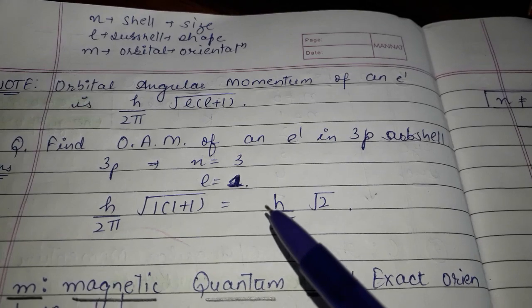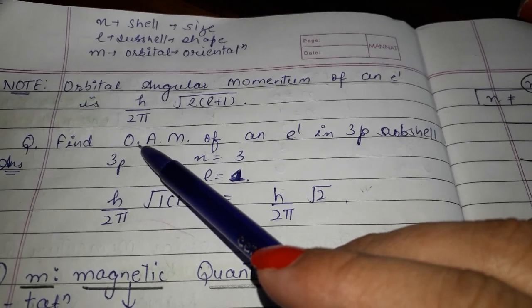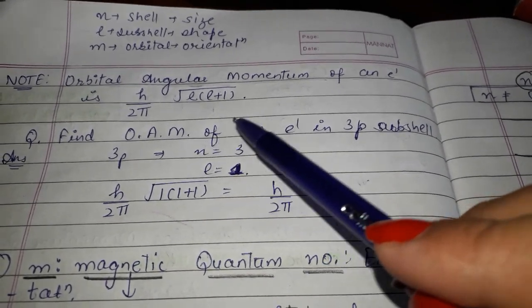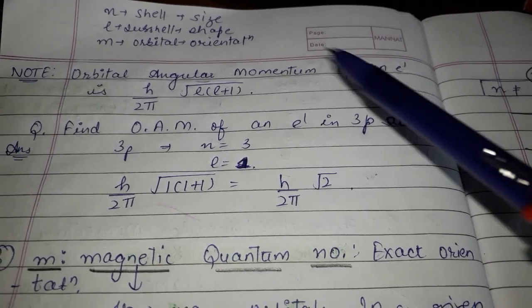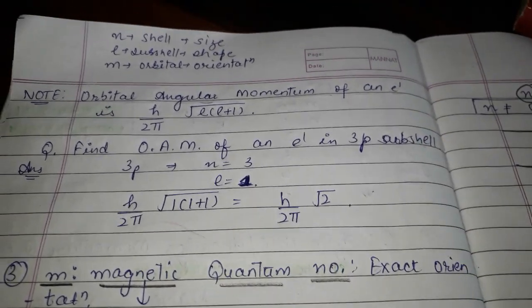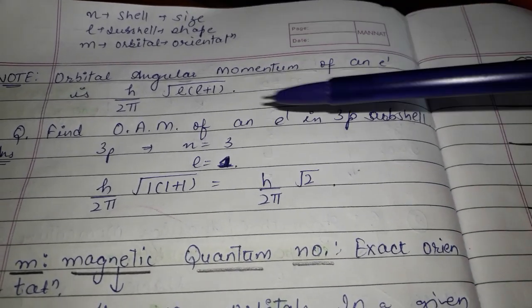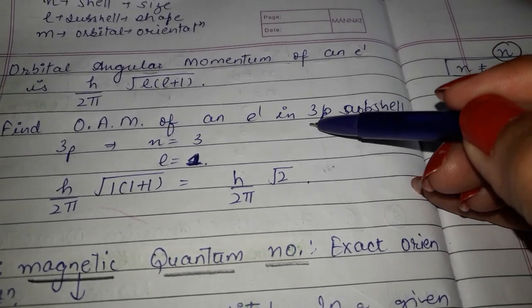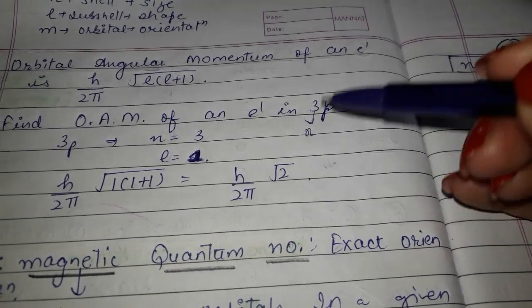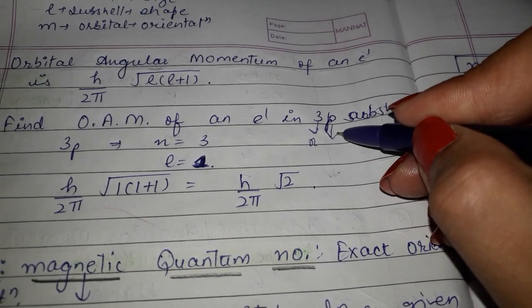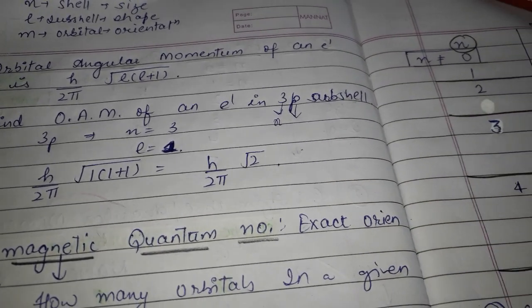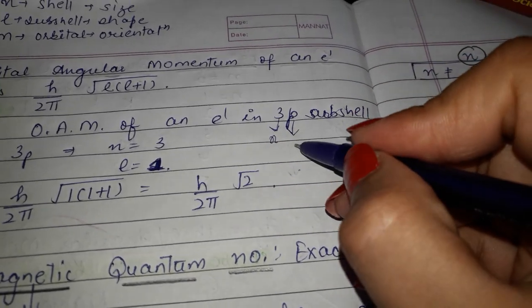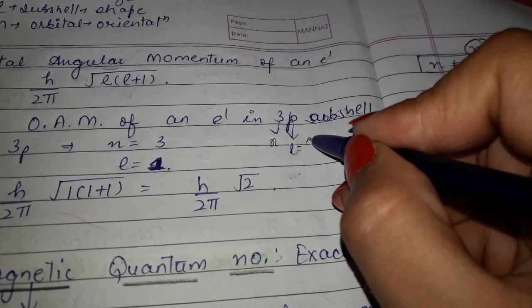Now, what is the question here? Find the orbital angular momentum of an electron in the 3p subshell. We have to calculate the orbital angular momentum of an electron which resides in the 3p subshell. Here 3 is the value of n and p is determined from the value of L. For p, the value of L was 1.